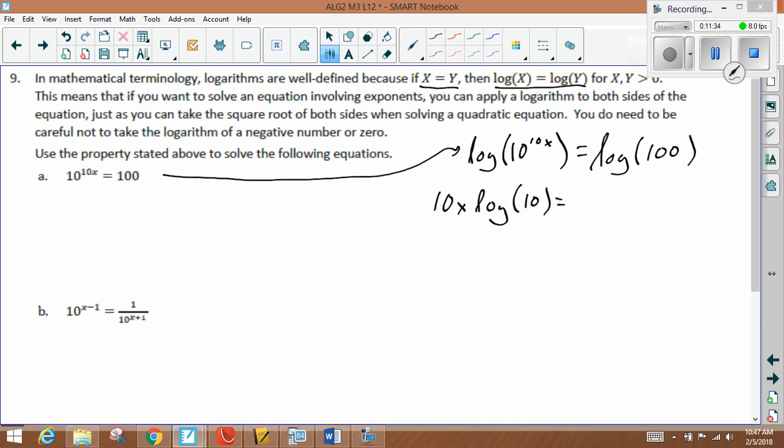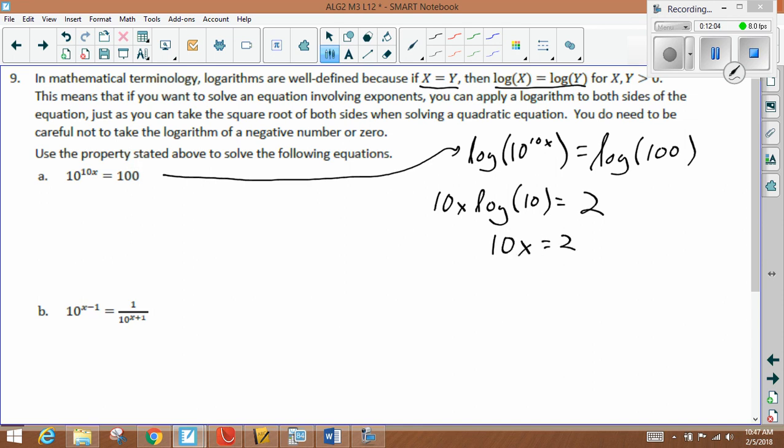What is log base 10 of 100? In other words, 10 to what power is 100? So this is 2, right? What is log base 10 of 10? 10 to what power is 10? 1.